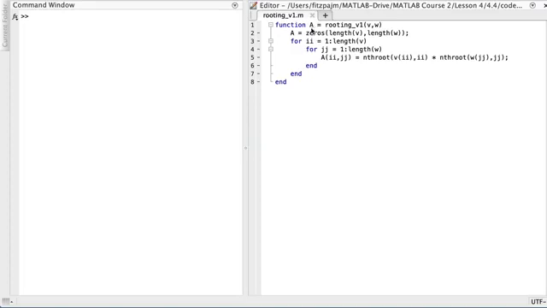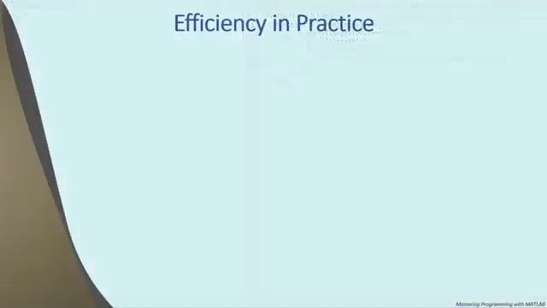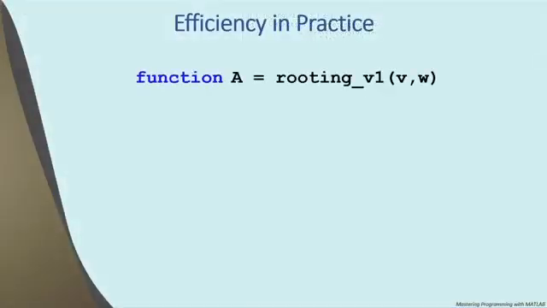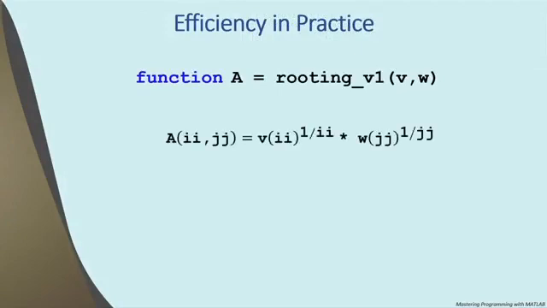We've eliminated checks on the inputs to focus on the algorithm itself. The output matrix A has elements that are products of various roots of the elements of the 2 vectors. For example, A23 is the product of the square root of the second element of V and the cube root of the third element of W.